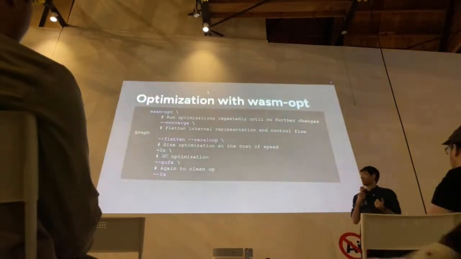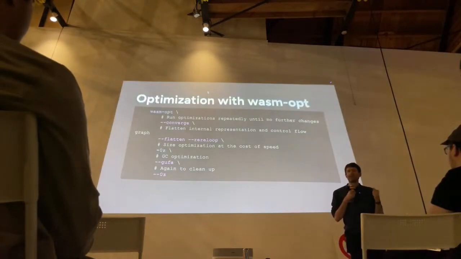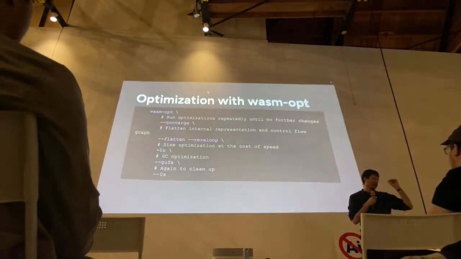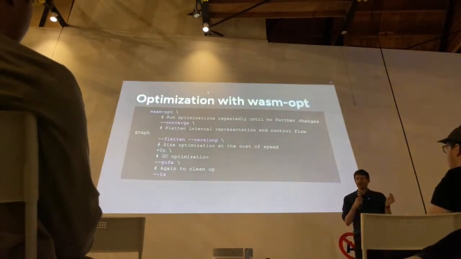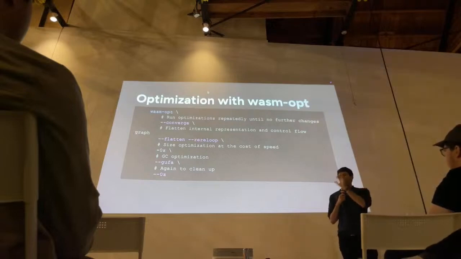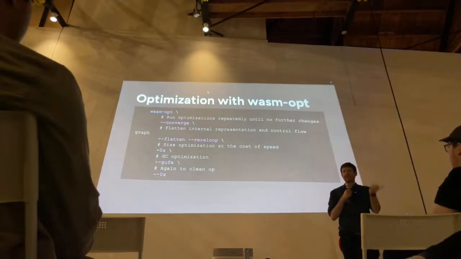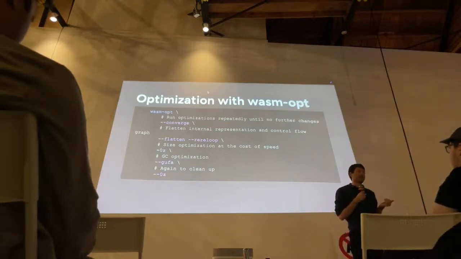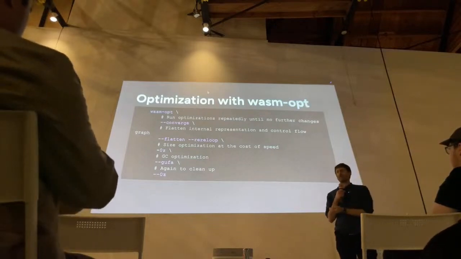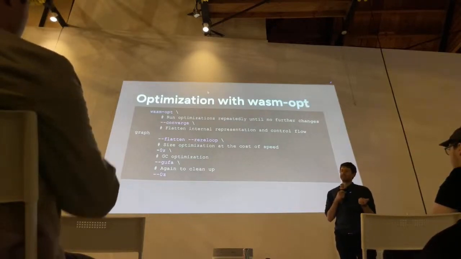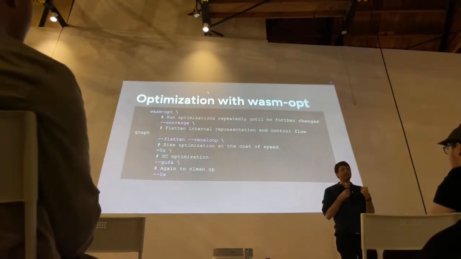And then we also use wasm-opt to optimize the output. And this runs through a few different stages because we have to trade off the file size of the WebAssembly component with the speed. Now, we want to instantiate it as fast as possible so that we can respond to every request. But we also have to load the module. And the larger the file size, the slower the load time.